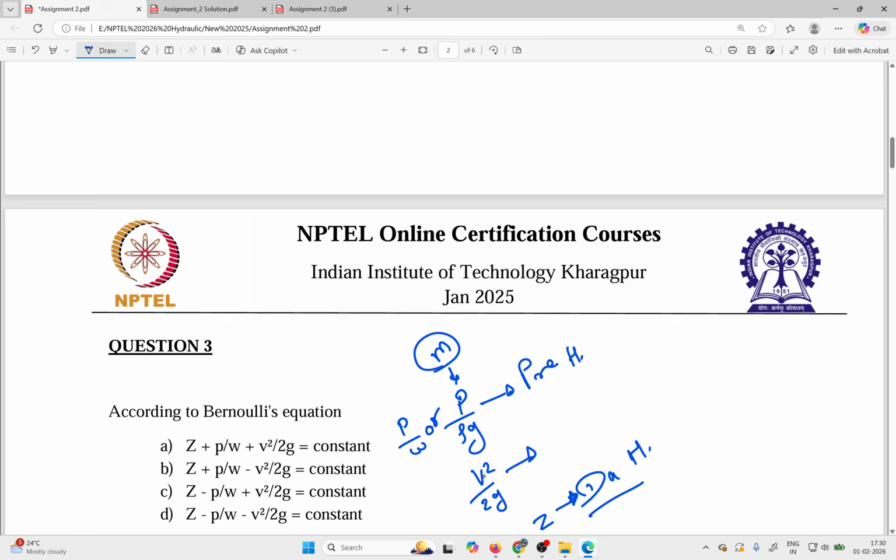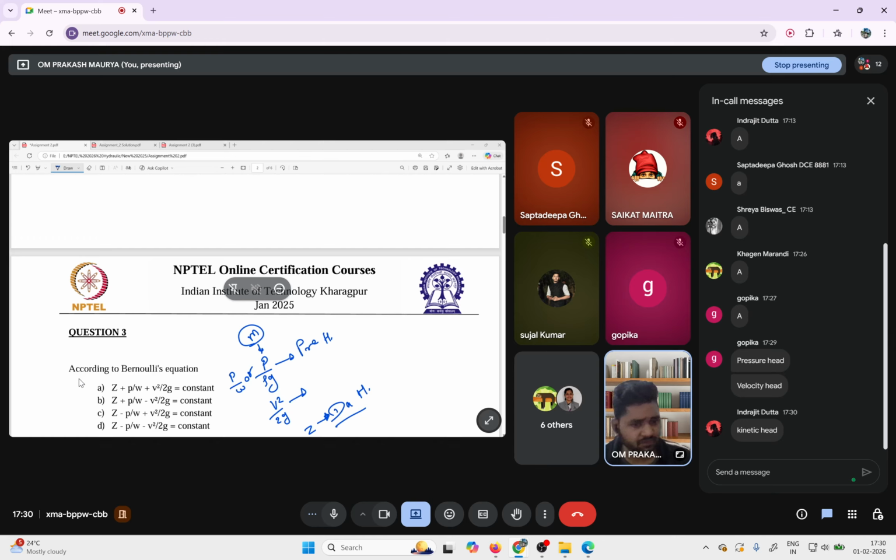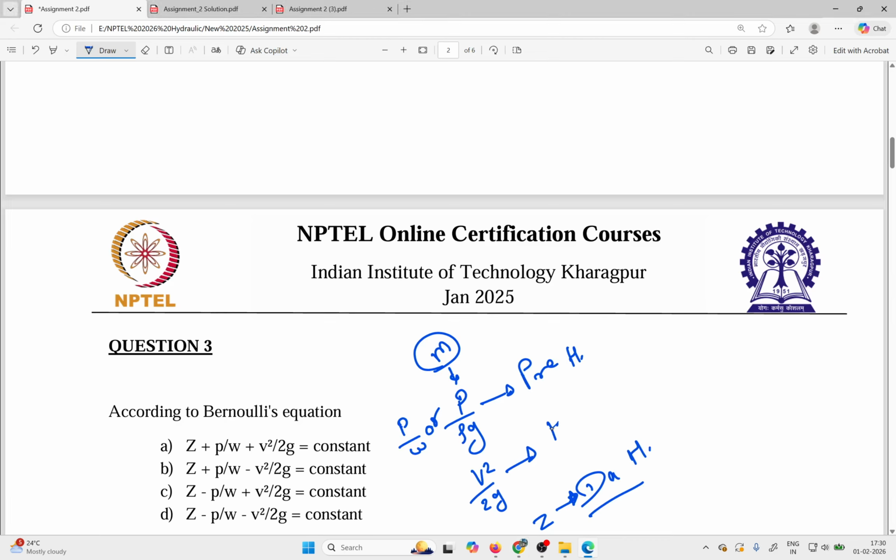And if V square is there, what will V square by 2g be? I want to hear from your side. Kinematic head. Okay, good, fine. Yes, it is kinematic head. So yes, option A is correct here.